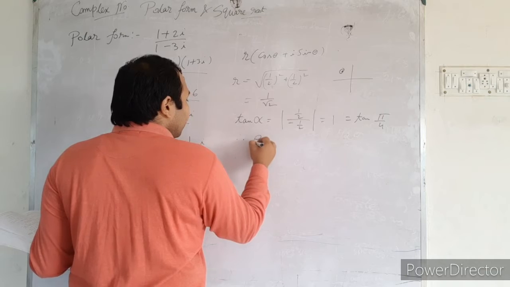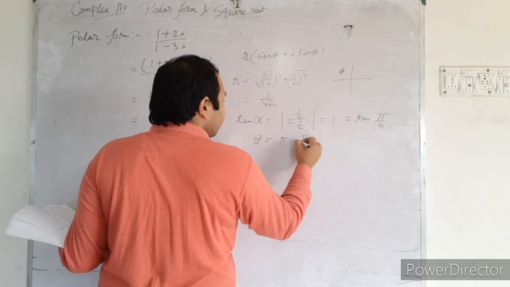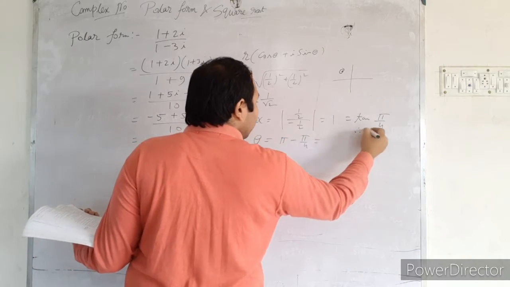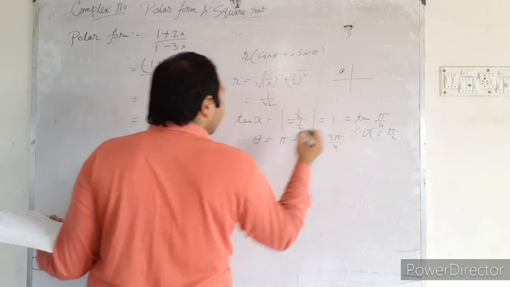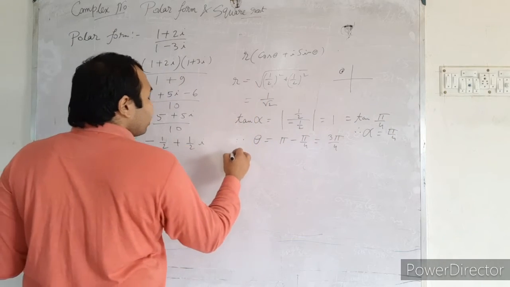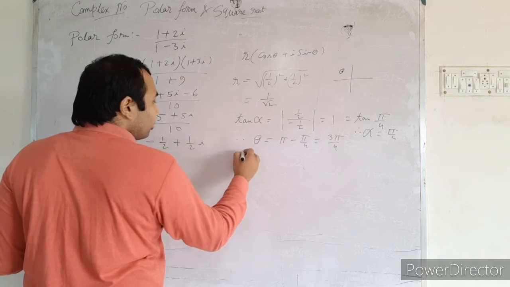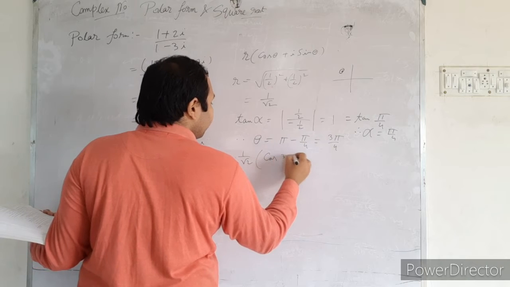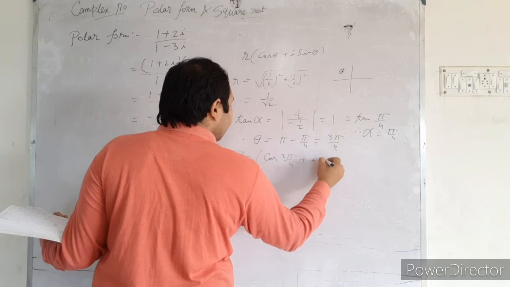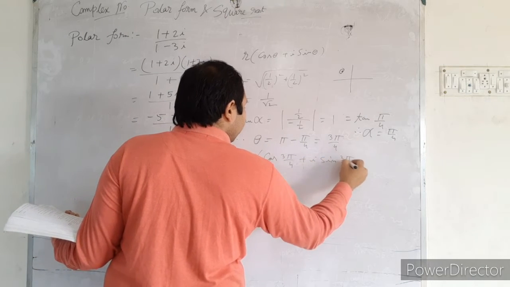So theta equals pi minus pi by 4, where alpha equals pi by 4, so here it will be 3 pi by 4. So definitely the polar form is r, which is 1 by root 2, times cos 3 pi by 4 plus i sin 3 pi by 4.